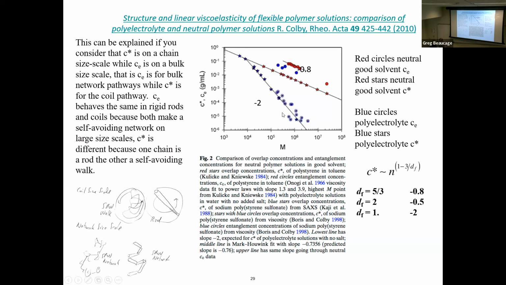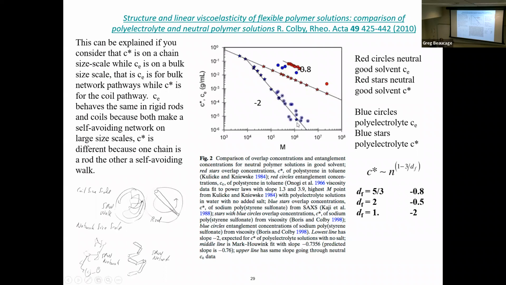So basically the two things are two different size scales, and because the rods at large scales can make a self-avoiding walk, like they can hook together somehow, like this sketch here, then that can be a good solvent for the blue circles. And then when it gets closer to get the actual radius of gyration of the structure and calculate C star, it follows the rod structure.